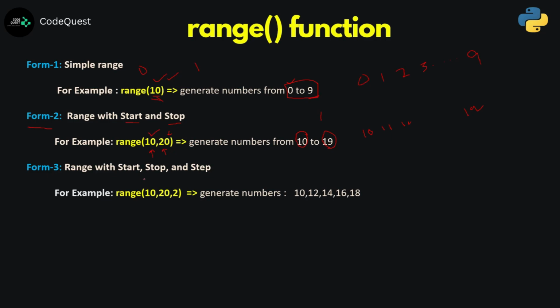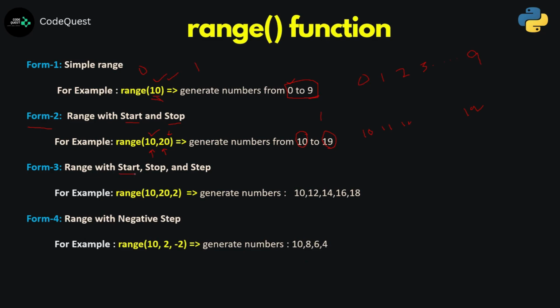The third format is where I am using all the possible arguments, that is your start, stop and step. Here we take the start value as 10, the end value is 20, and here I am mentioning the step as 2. Earlier we had not mentioned the step, so it was taken by default as 1. Here, very particularly, we have taken the step as 2.